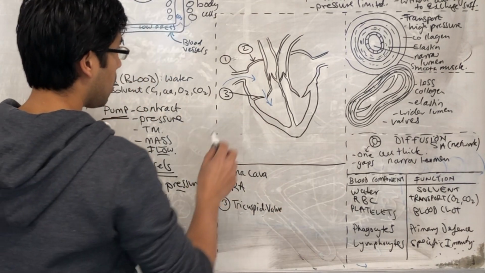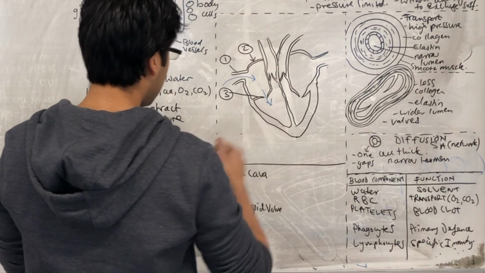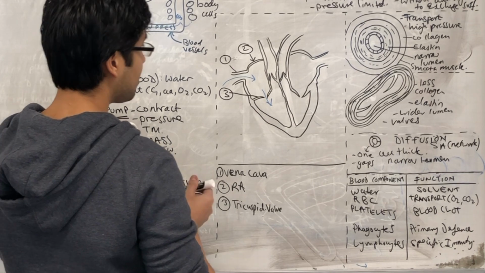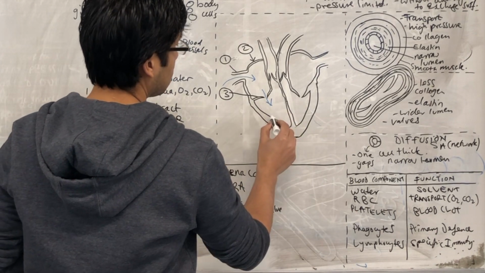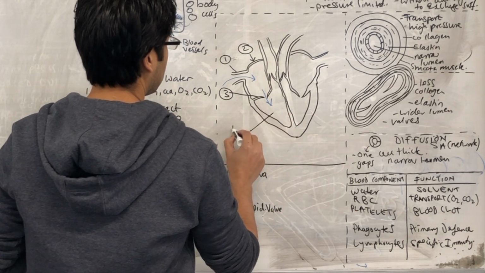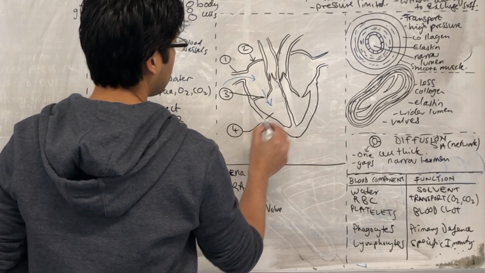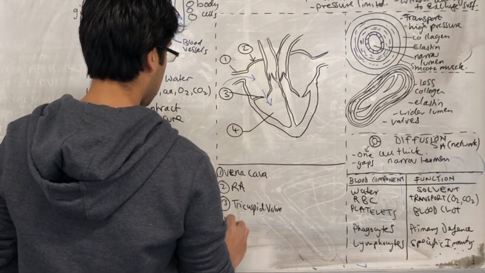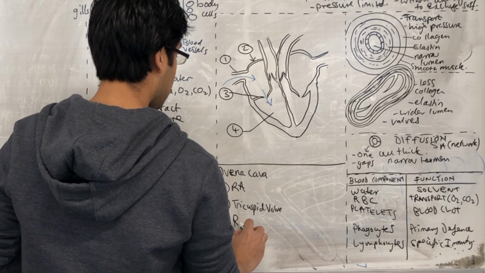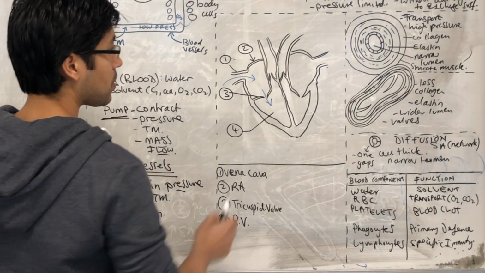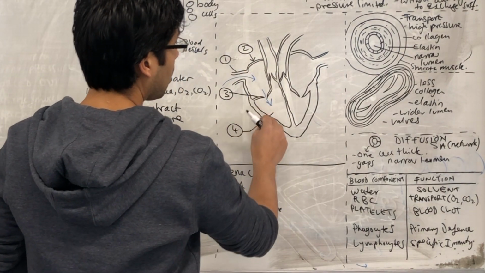Tricuspid valve. Okay, then the deoxygenated blood is entering structure 4, which is the right ventricle. Okay, ventricle's at the bottom.